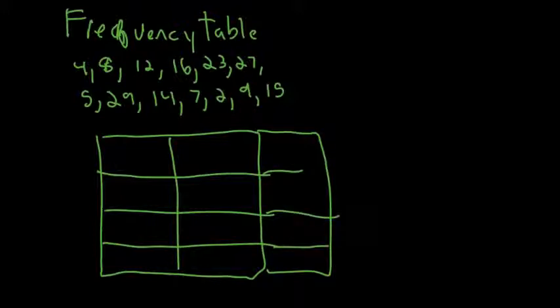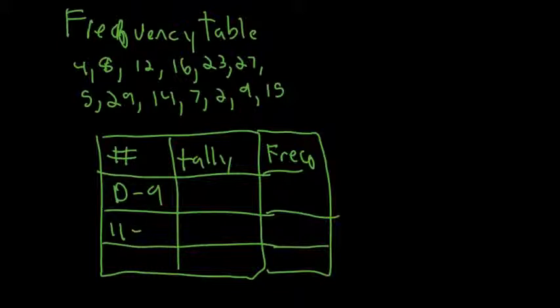And so we'll have the numbers here, we'll have our tallies, and then our frequency. Alright, so this is going to be 0 to 9, 10 to 19, and then 20 to 29.